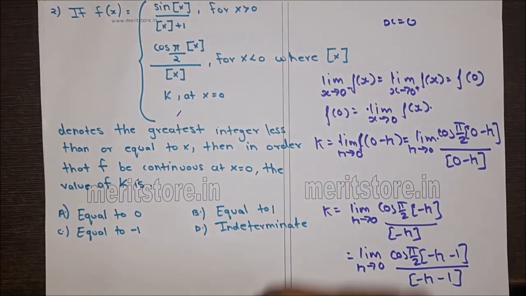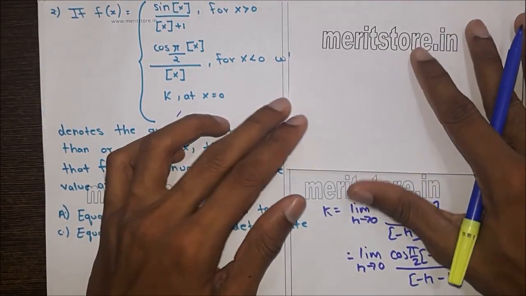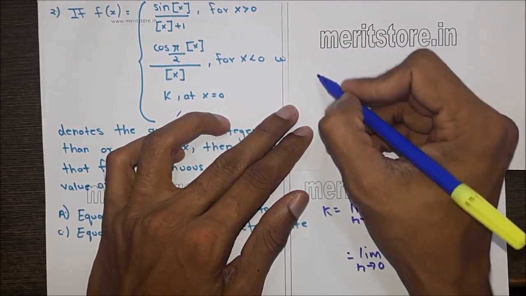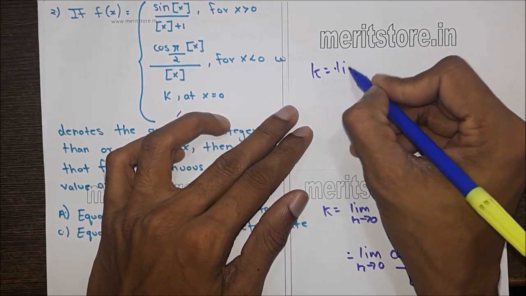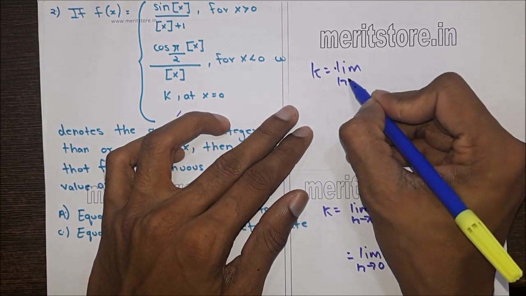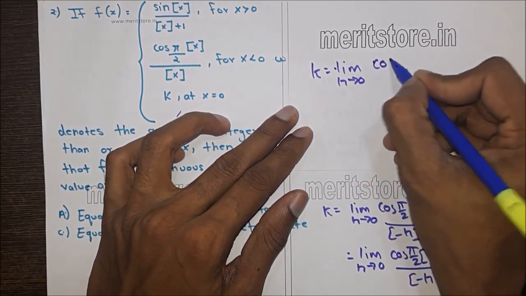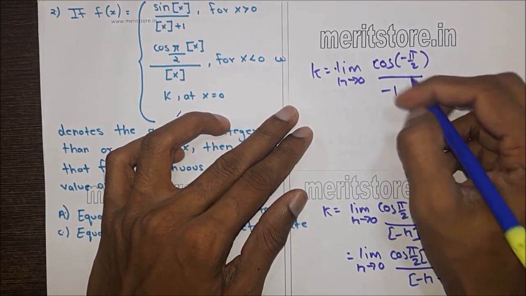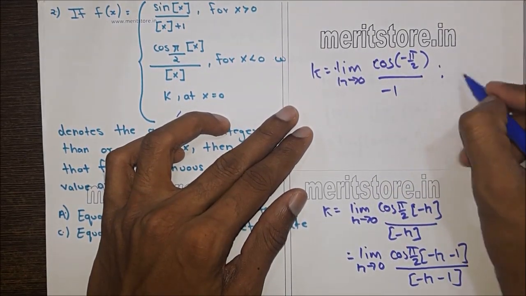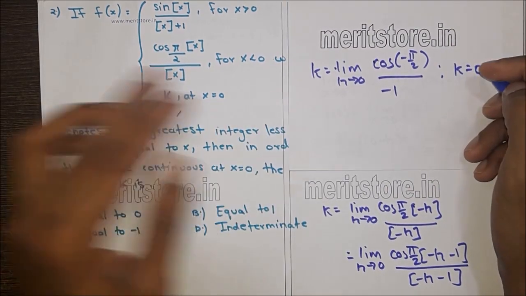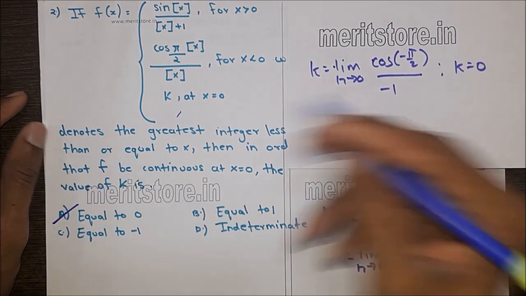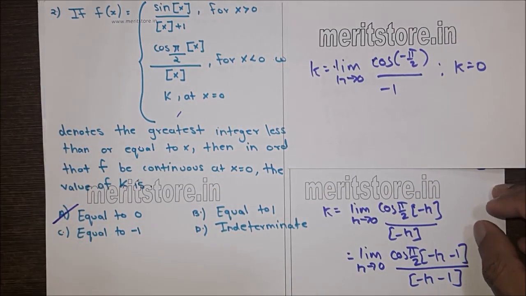Further solving this, we can write k equal to limit of h approaches to 0 cos minus pi by 2 upon minus 1, which is, if we solve, we get k equal to 0, which matches with option A. Therefore, option A is the correct answer.